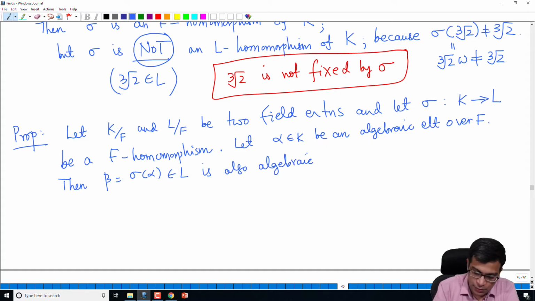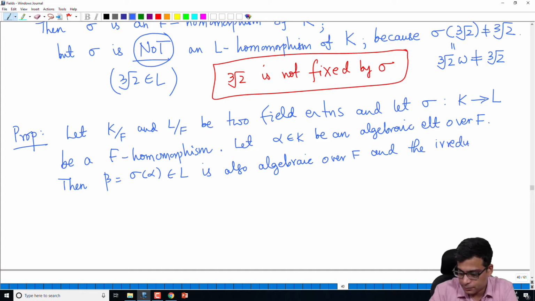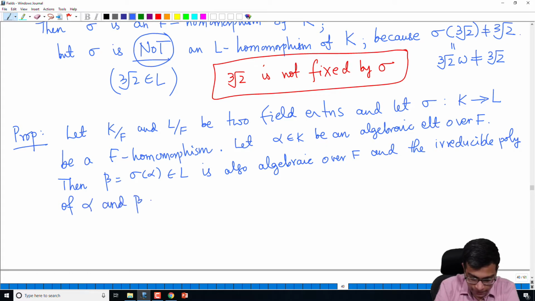So the image of an algebraic element is algebraic, and moreover the irreducible polynomials of alpha and beta over capital F are the same.